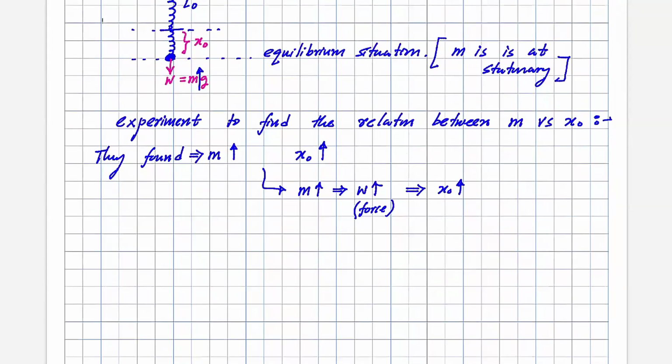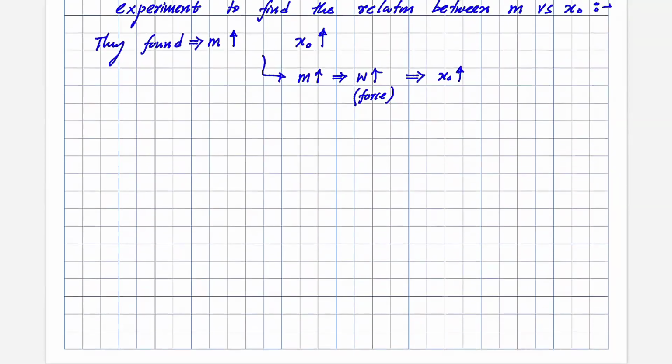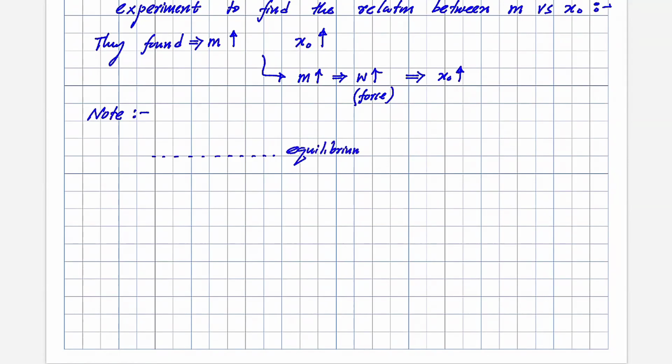Now, let's try to understand what is happening inside. Now, suppose this is the equilibrium situation. Then this is x0.